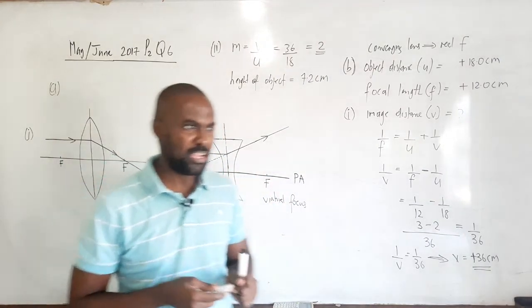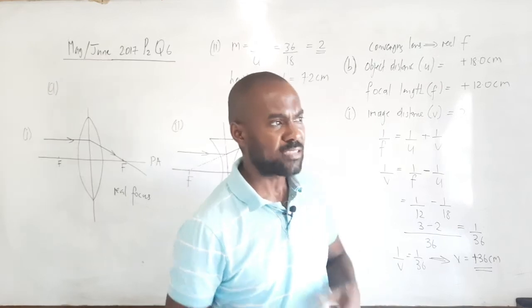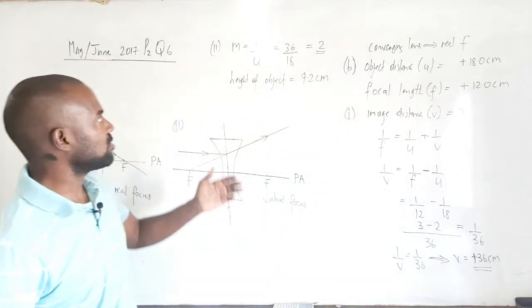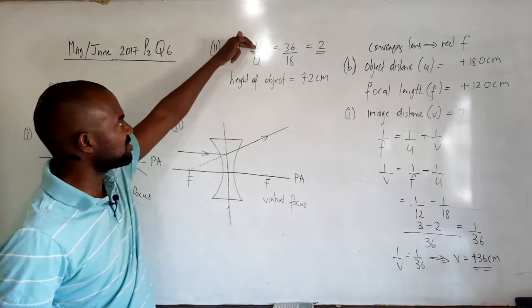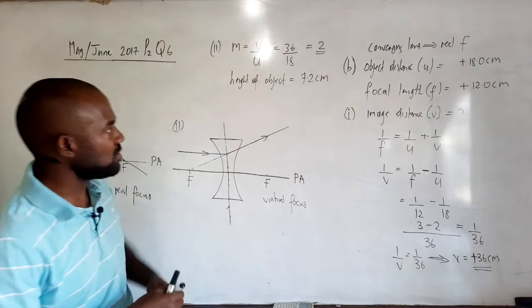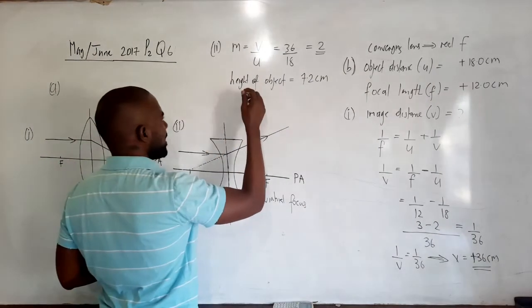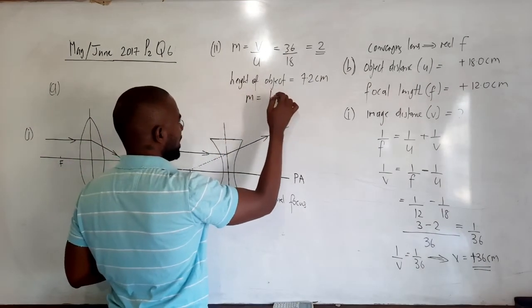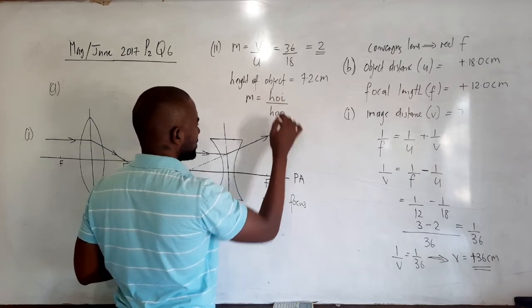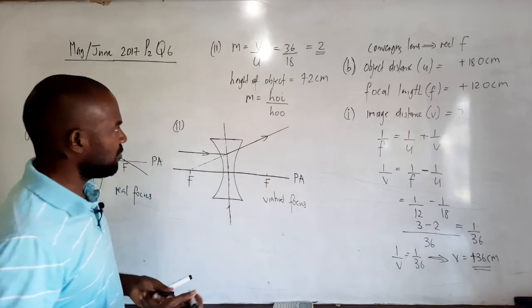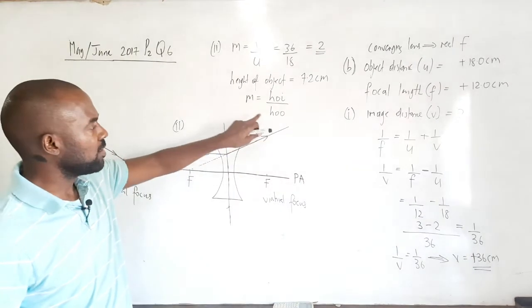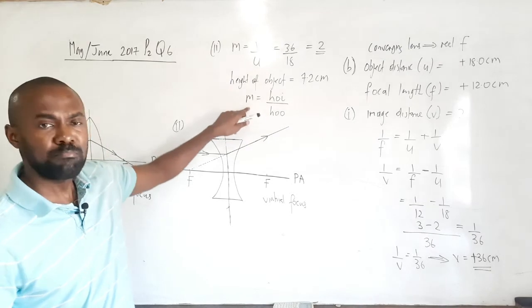Now, the magnification can also be expressed as a ratio of the height of the image to the height of the object. So similar to how the magnification is equal to image distance divided by object distance, then magnification is also equal to, let me write it down. So magnification is equal to height of image, HOI, divided by the height of object, HOO. And so therefore, if you want to find the height of the image, then you simply multiply the height of the object by the magnification.